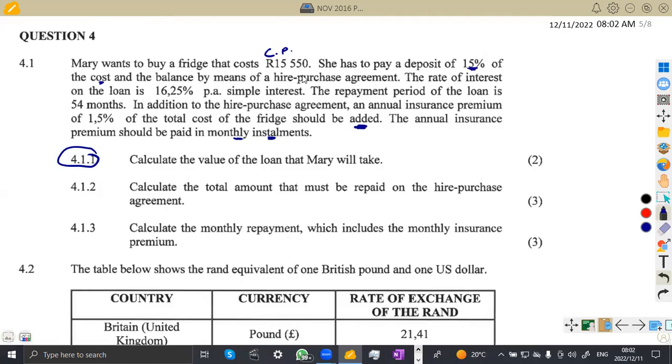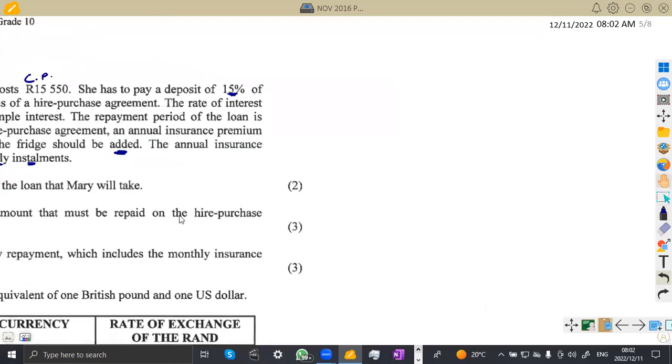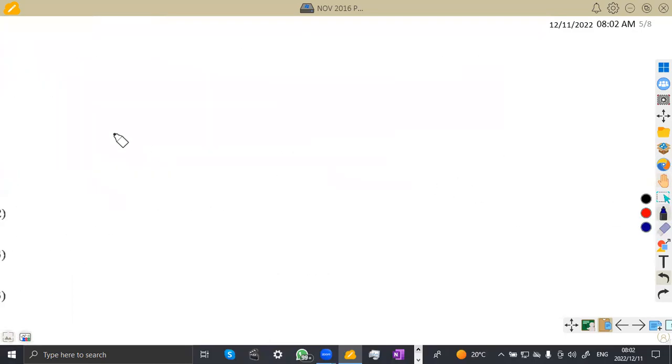So the loan now is the balance that she's going to have after having paid the deposit. In this case, the loan is equivalent to the balance. That's 4.11.